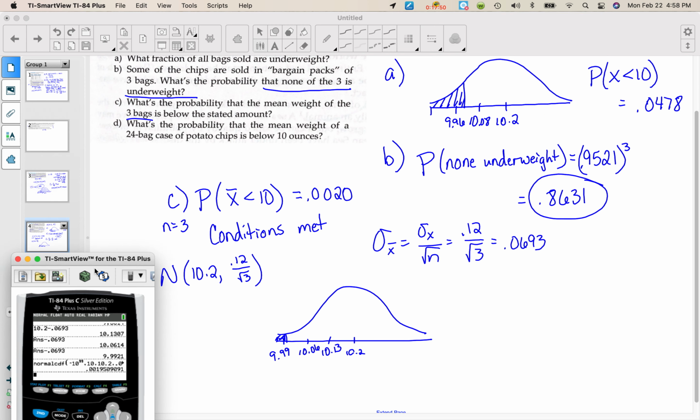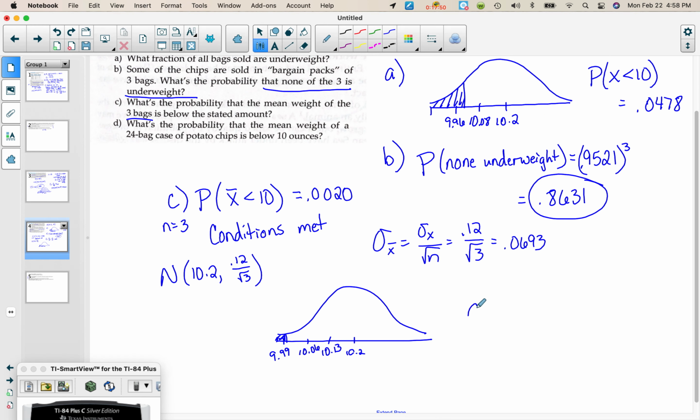So then they ask in part D, what's the probability that the mean weight of a 24 bag case of potato chips is below 10 ounces? So I'm still answering this question, it's still the sample mean. It's still what's the probability that X bar is less than 10. But now N has changed, and now N is 24.